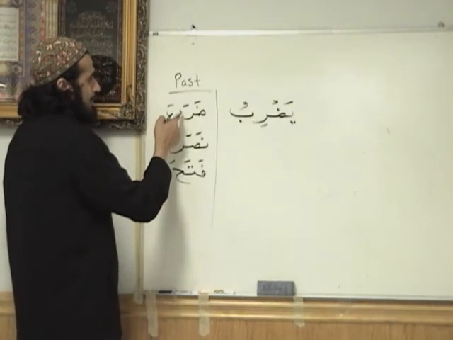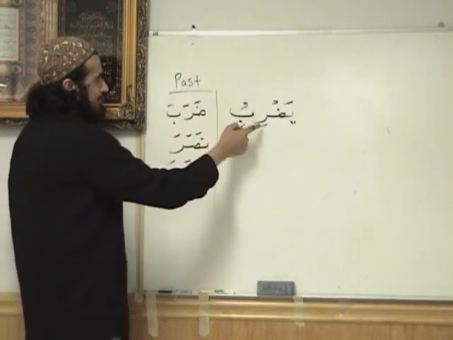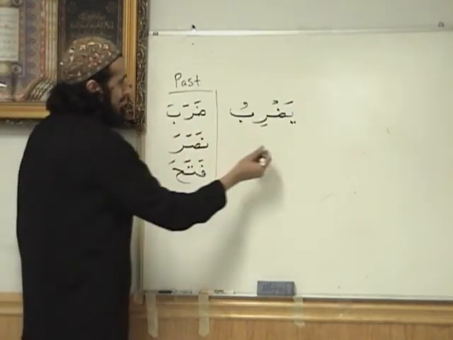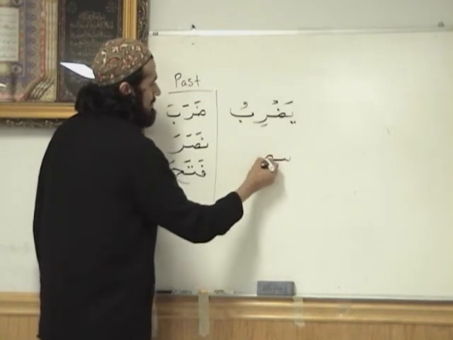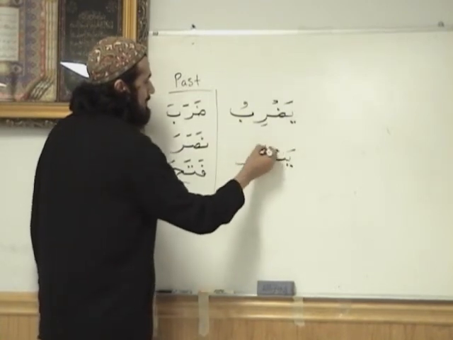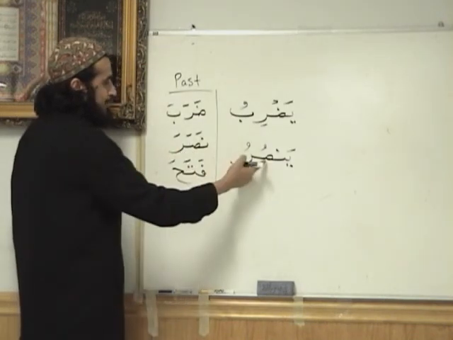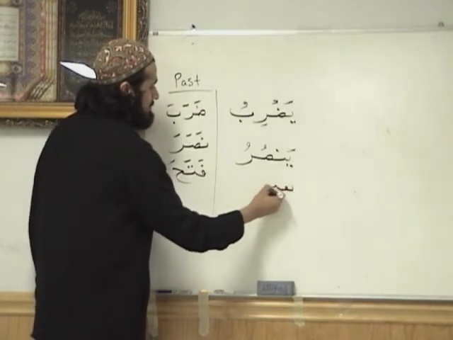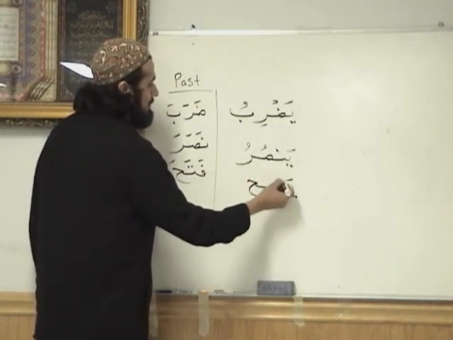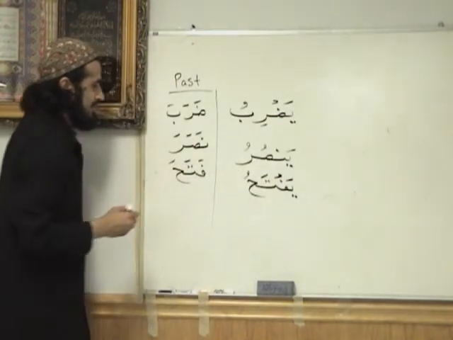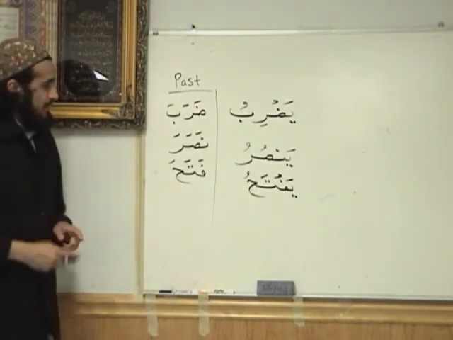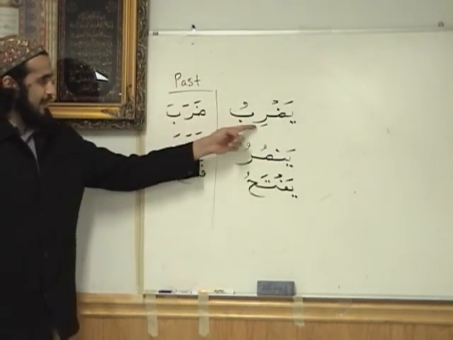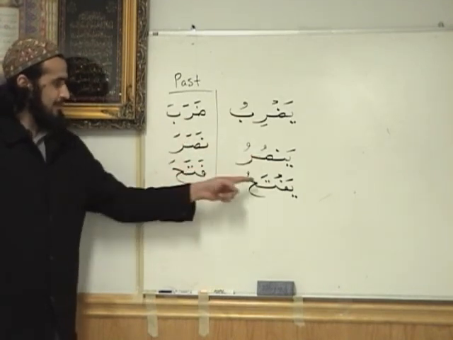So the past has the fatha on the ayn, and the future has a kasra. When I say future, I mean al-mudari', present and future. Nasara, yansuru. Past has the fatha on the ayn, the future has a dhamma. And finally, the past has the fatha, the future has also a fatha. So all 3 are possible, they really exist. With the fatha you can have a kasra, with the fatha you can have a dhamma, with the fatha you can have a fatha.